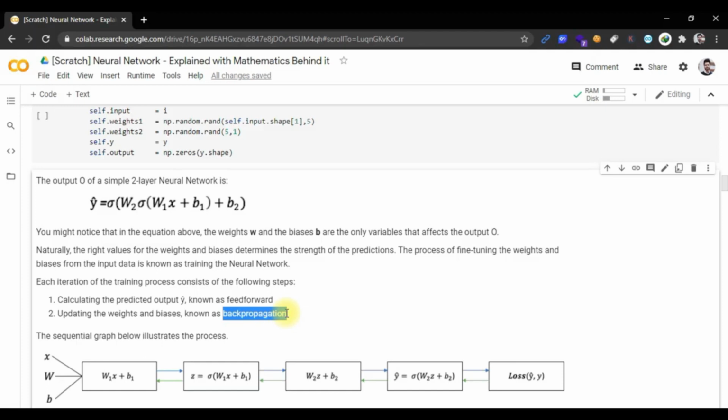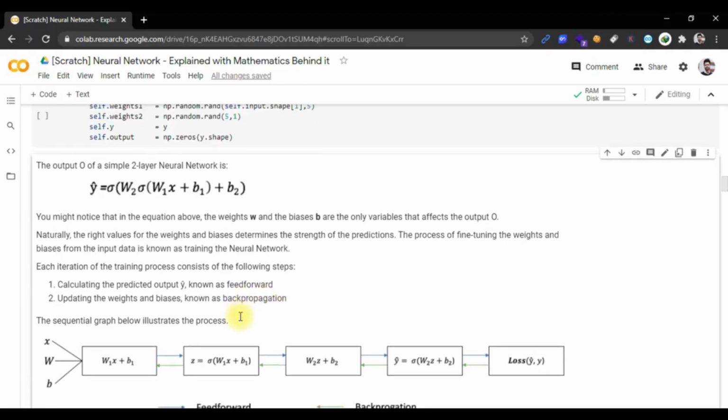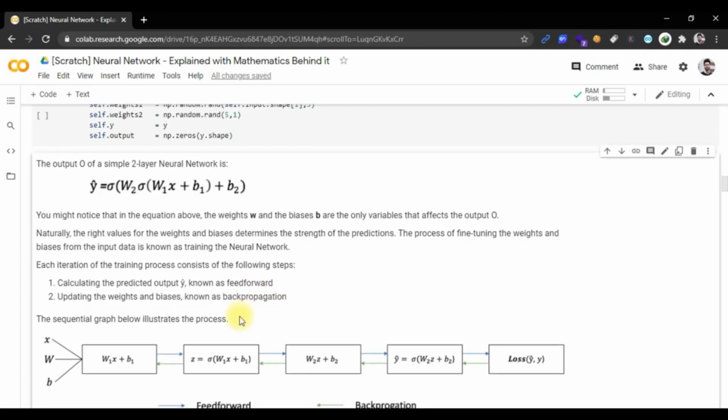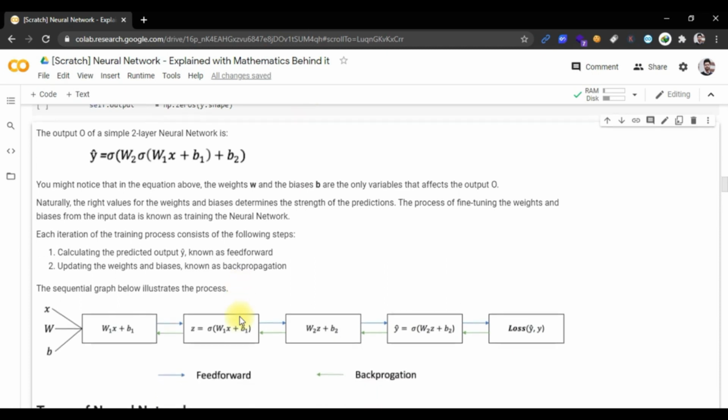Just say your actual value is 1000 and your predicted value is 500. So there is a difference of 500 that is very large. So in those cases, we need back propagation. Back propagation is simply that we keep updating our weights and biases to make the network more accurate, so that it can give us the correct output.